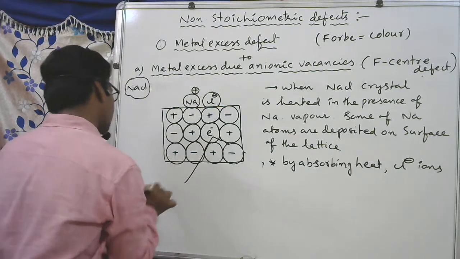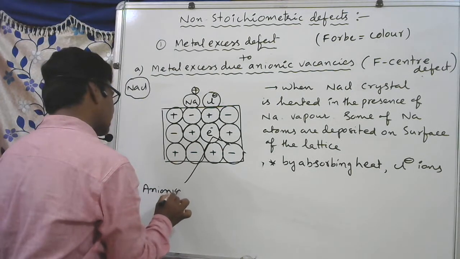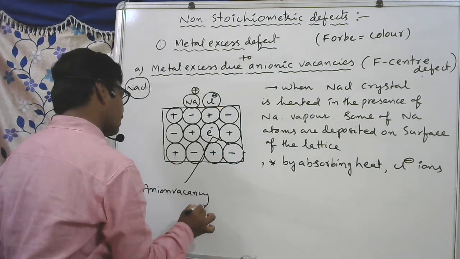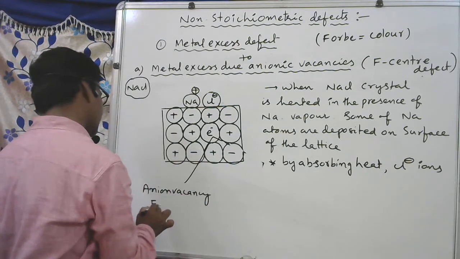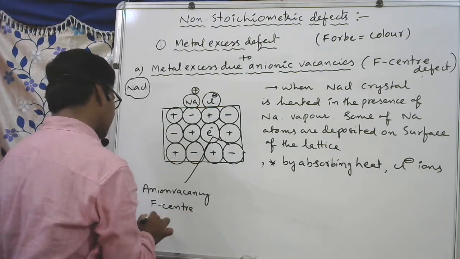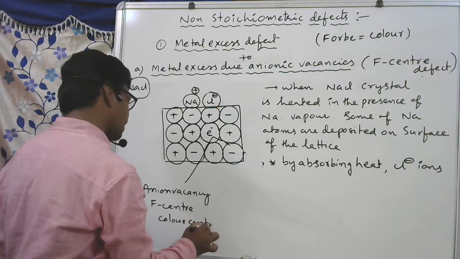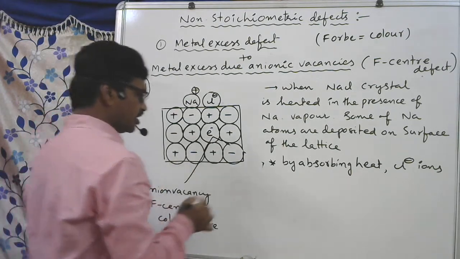Here I am writing: this is the anion vacancy, otherwise F center, otherwise color center.